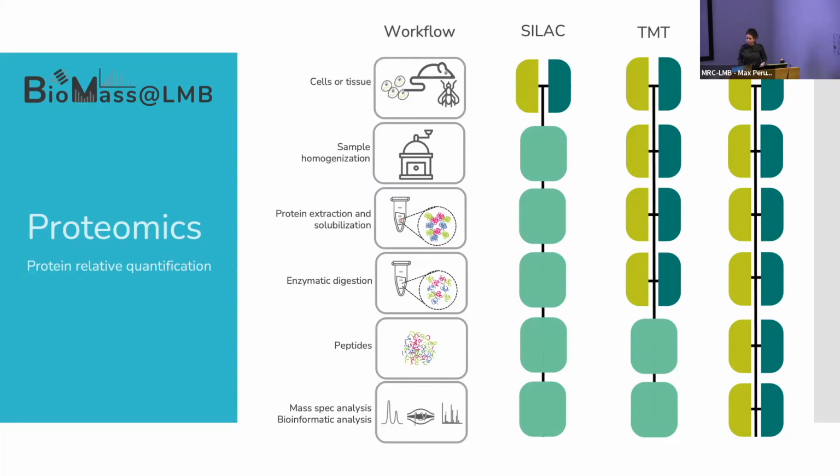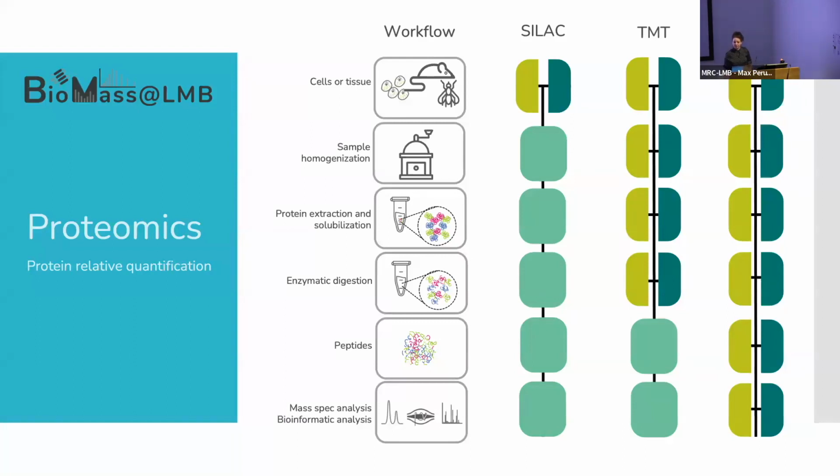It works quite well if you're working with cell culture, because you can include stable isotope amino acids in the culture. Cells that are growing will incorporate these heavy amino acids into their proteins. So you'll have one sample that's heavy and another that's light. Then we combine these two before doing anything else, and we process everything at the same time.